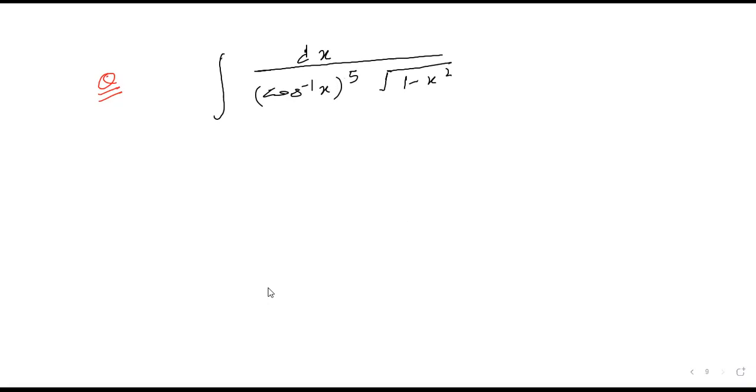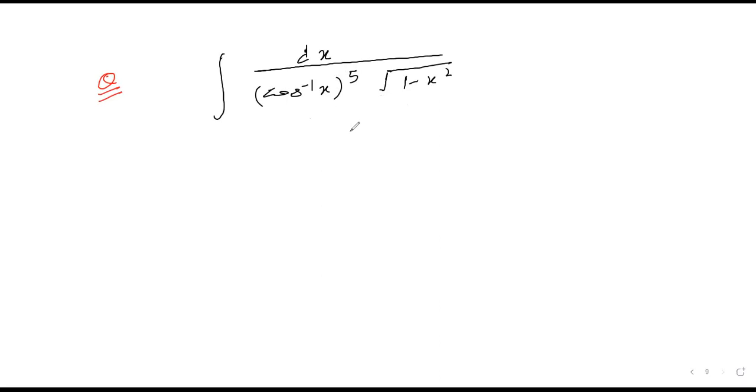Now you have to integrate this one. You can see the derivative of cos inverse x is basically minus 1 divided by square root of 1 minus x square. So here you will get some advantage if you substitute cos inverse x in terms of t or u, whatever you need.